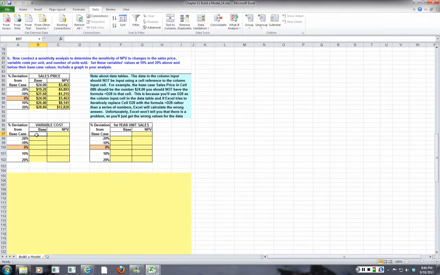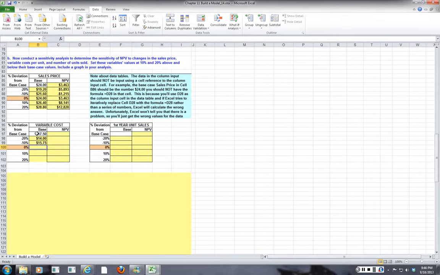So now let's take deviations from the variable cost, and we see the variable cost was $17.50. Now if it goes down 20%, and I multiply that by 0.8, I get 14. If it goes down 10%, it's $15.75.